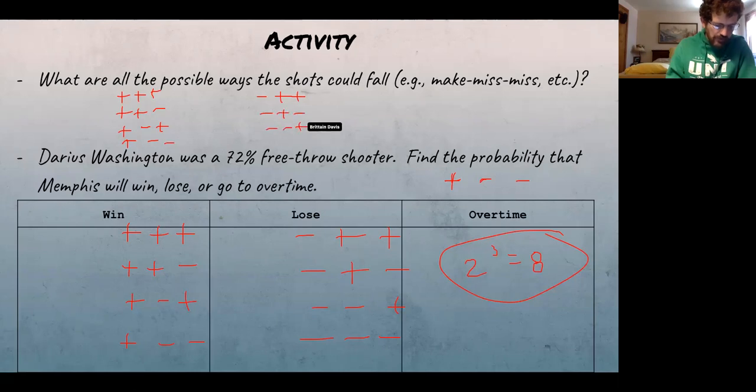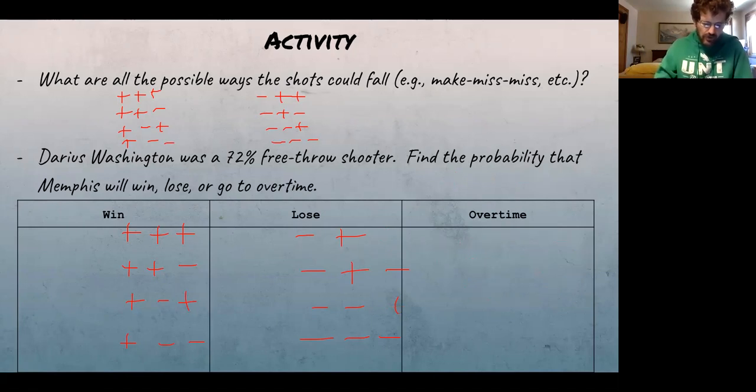There it is. Those are the outcomes that we've got. I'll now erase them from the bottom so we can write there. And again, we've got 8 outcomes.